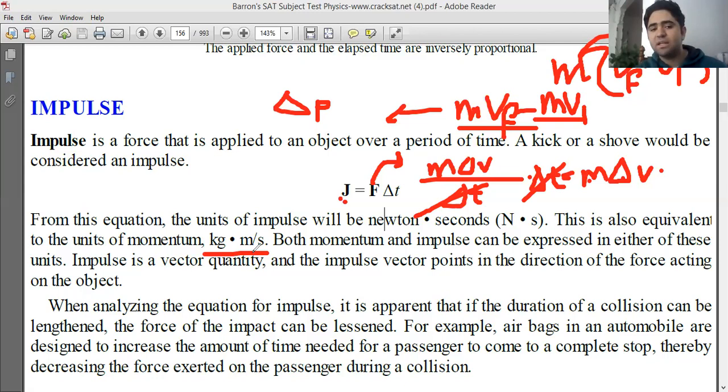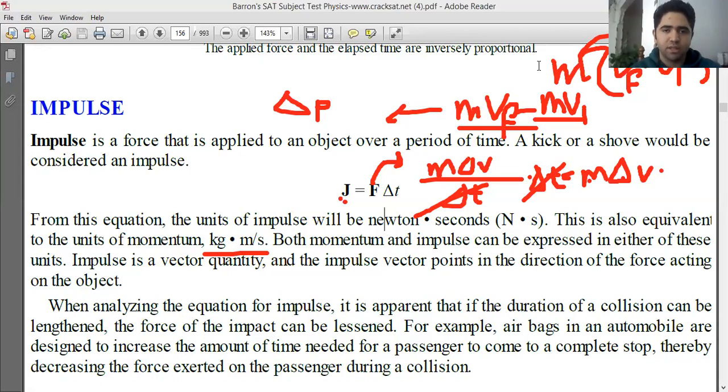Because when you have a momentum, that doesn't mean the object is accelerating, right? You say mass times its current velocity, no acceleration. When you say impulse, you mean acceleration because there is a force acting. And with a force, you have acceleration. And so impulse equals change in momentum. Okay, hopefully that gets cleared up.